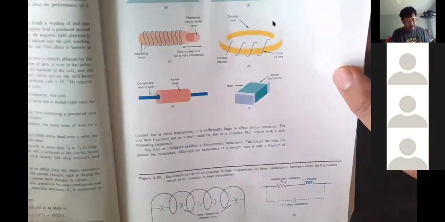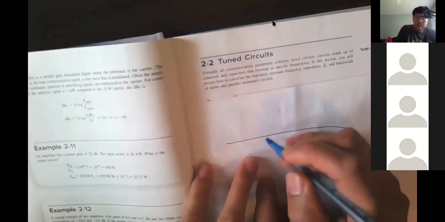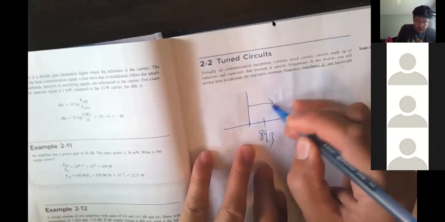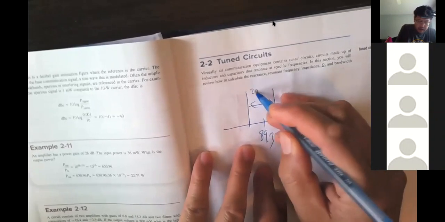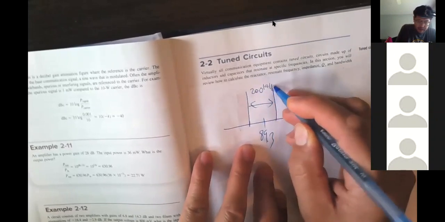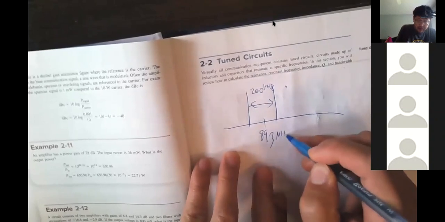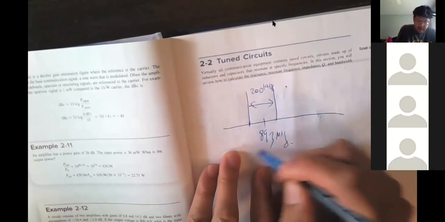So let's go to the tuned circuit. When you communicate, for example, 89.3, your payload will be 200 kilohertz. So that's megahertz. That's an FM station.